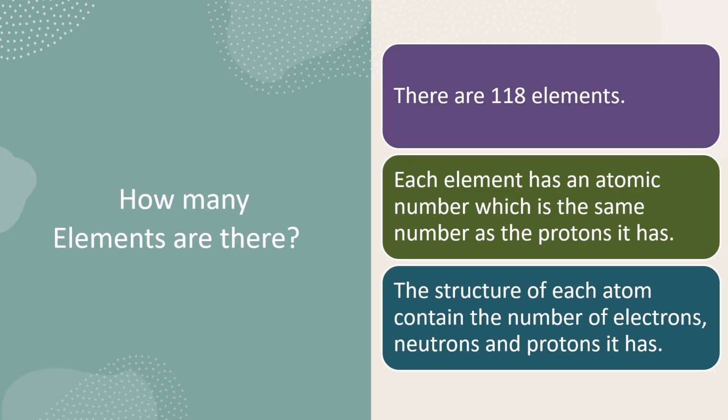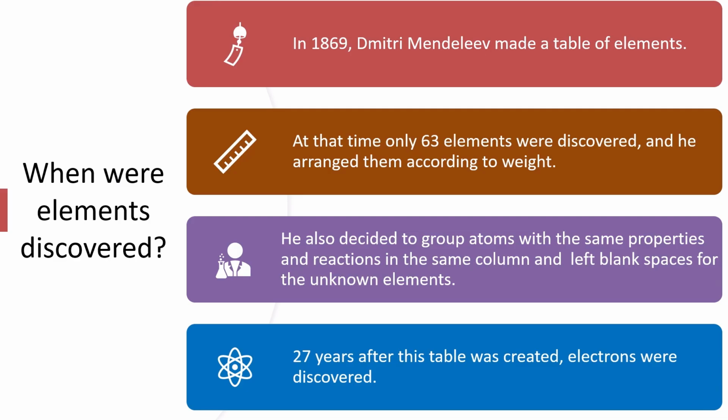How many elements are there? There are 118 elements. Each element has an atomic number, which is the same number as the protons it has. The structure of each atom contains the number of electrons, neutrons, and protons it has. When were elements discovered?